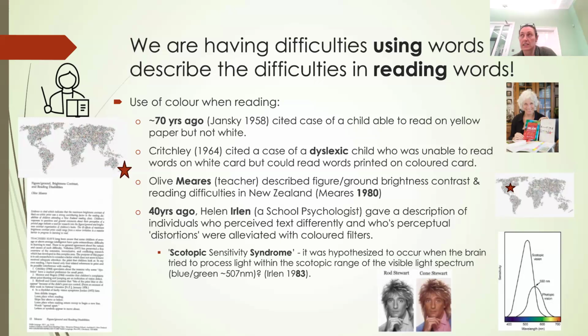That later caused some confusion, because scotopic vision is at low light levels where your rods are most active, and when you're reading you need high acuity, which is generally your cones. So it kind of started off on a confusing route.